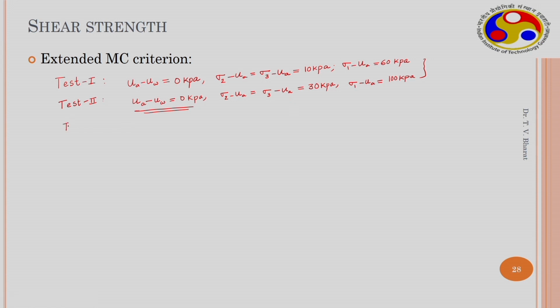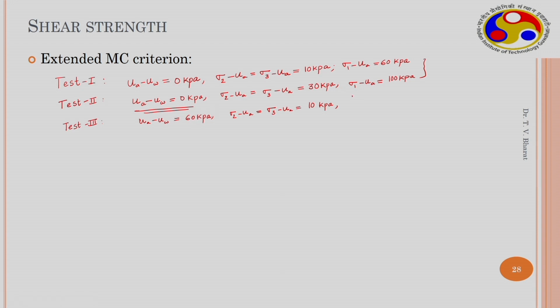Another set of test data is conducted, test 3, where UA minus UW is maintained at 60 kilopascal, and sigma 2 minus UA and sigma 3 minus UA are both 10 kilopascal. So this is similar to the first test, except that the suction value is non-zero.